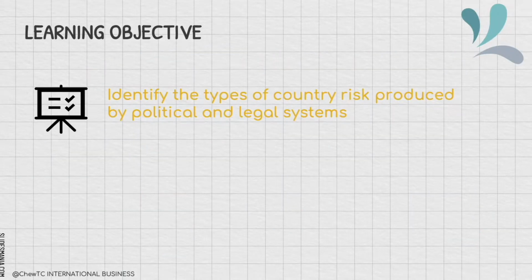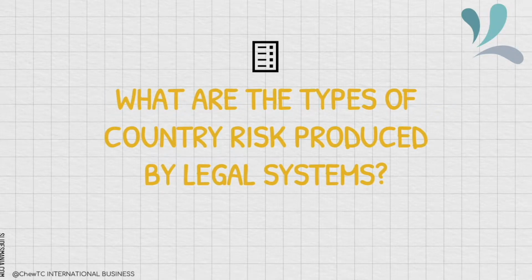We are still in the same learning objective as in the previous video, but the focus is to identify the types of country risk produced by legal system. Host country can impose variety of legal stipulation on foreign companies doing business there.